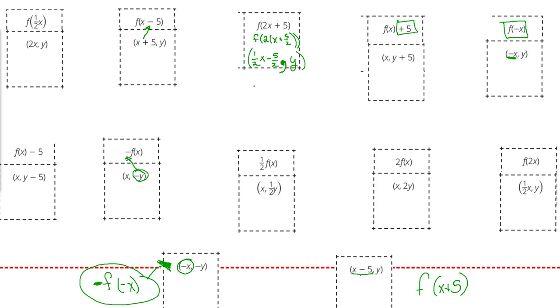When it's changing the Y, it's outside the function, it's the same. So let's make an example of each of these. And I'm going to put the examples in red. So this could be something like 1/2 X cubed.